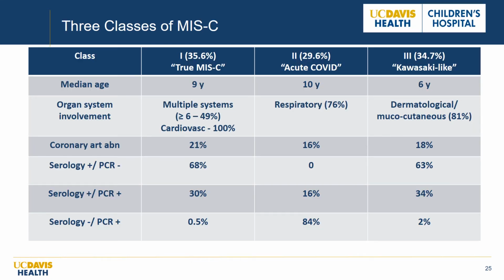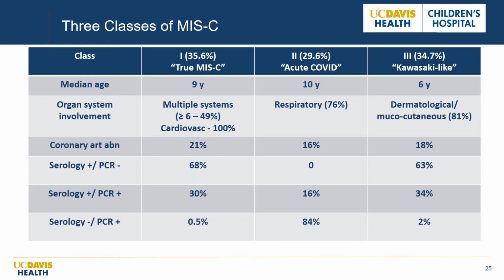In this article from the CDC, they ended up recognizing that there have been 3 major patterns of children with MIS-C. And so the first, which is in this class 1, seems to really fit that definition of MIS-C the best. So these children have been older, about age 9. They've had multiple systems involved.